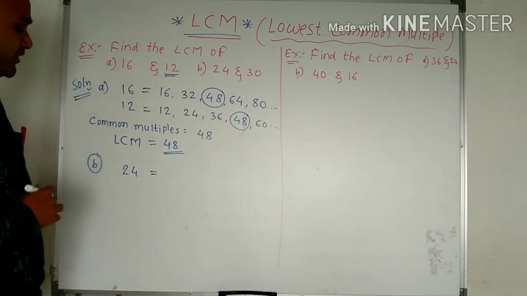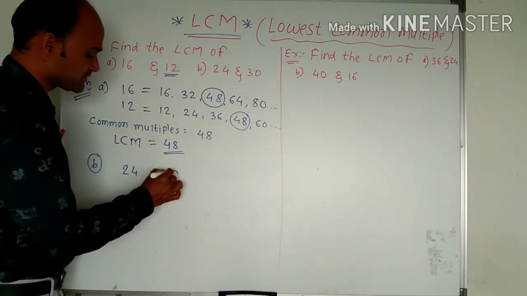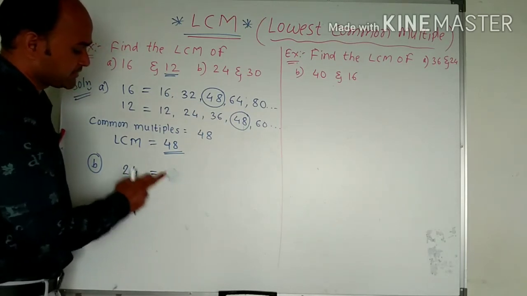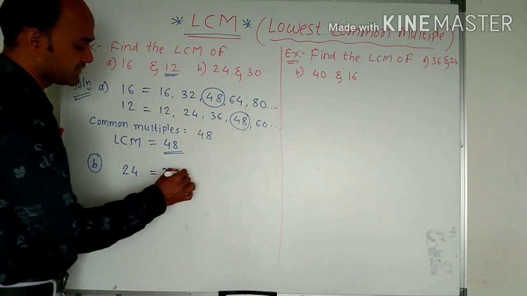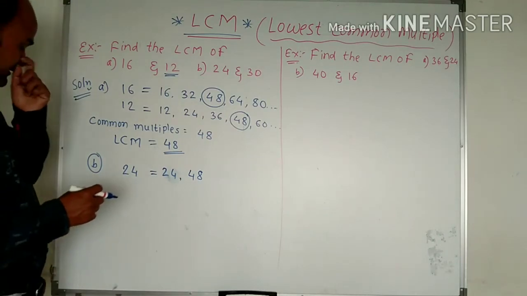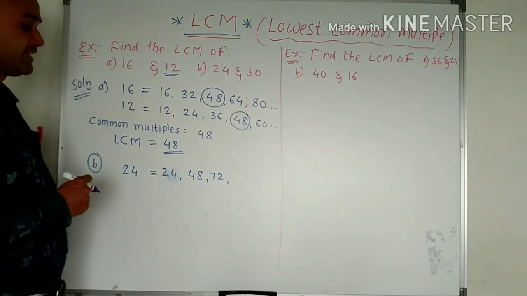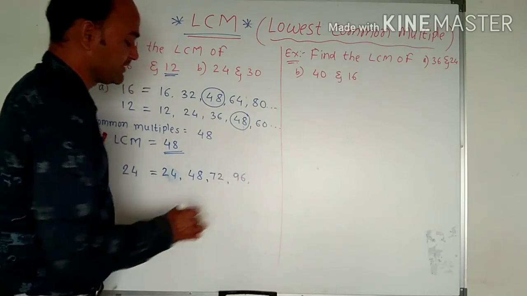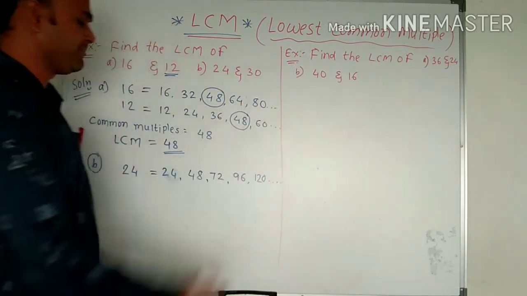The multiples of 24, one by one: the first multiple is 24 ones are 24, then second, 24 twos are 48, then the next multiple is 72, then 96, then 120, and so on. We can see many more multiples.